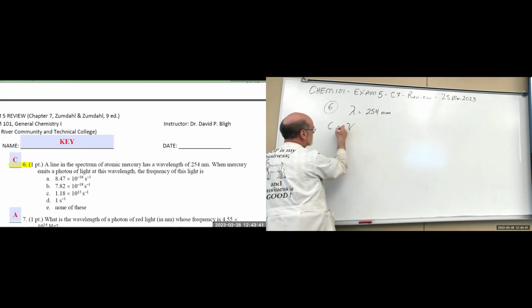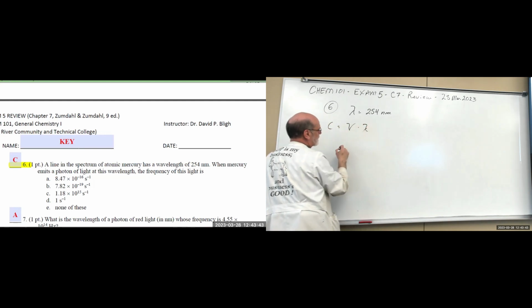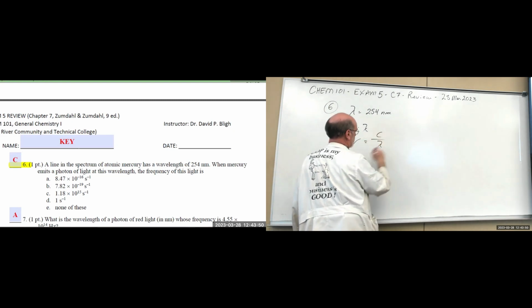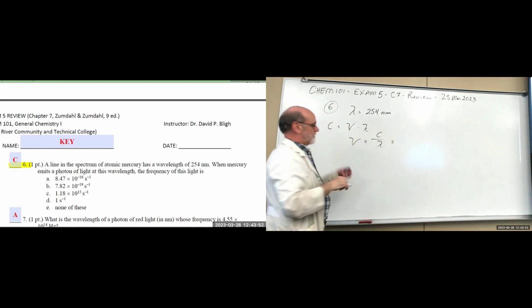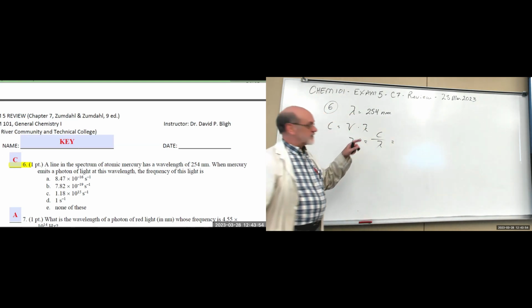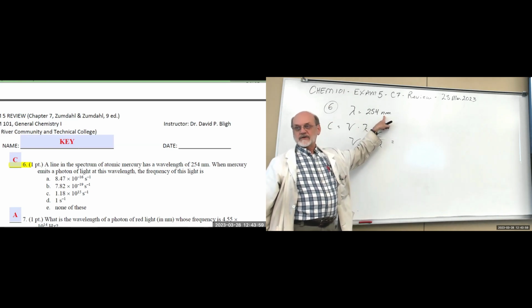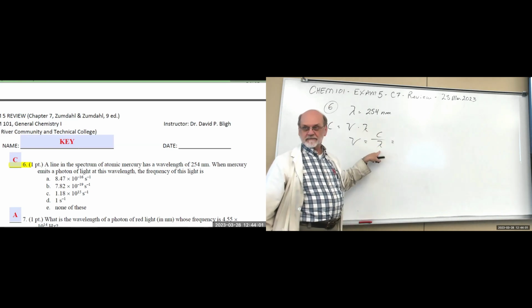Since c equals frequency times wavelength, we can solve for frequency, which equals c divided by lambda. The trick to this one is recognizing that nanometers is not an SI unit. That's a derived unit. So we need meters here.